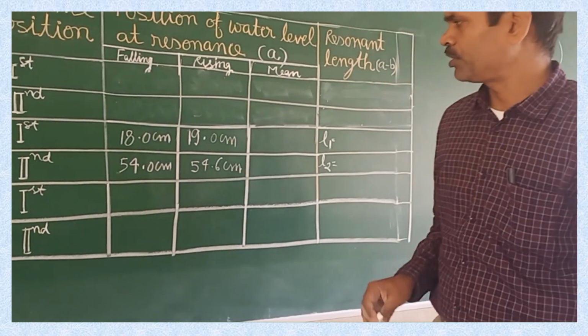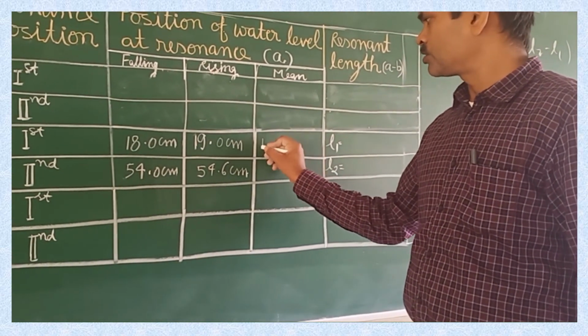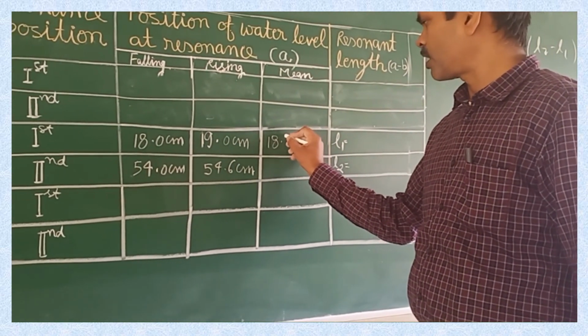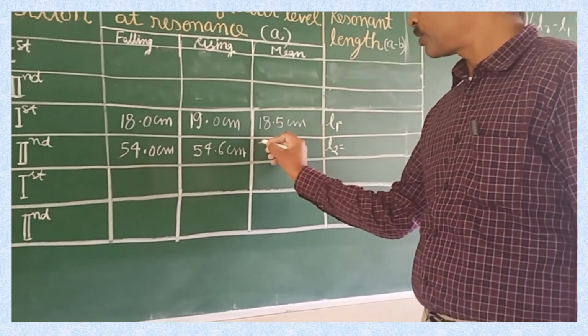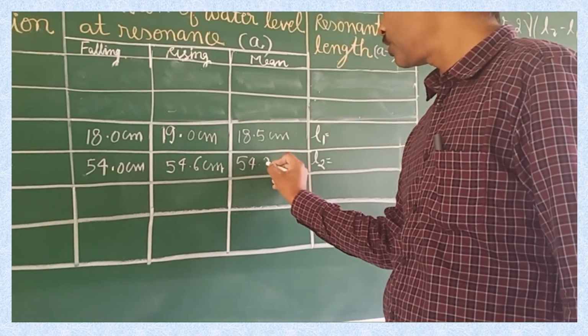Then find the mean. This is 18.5 centimeter. This is 54.3 centimeter.